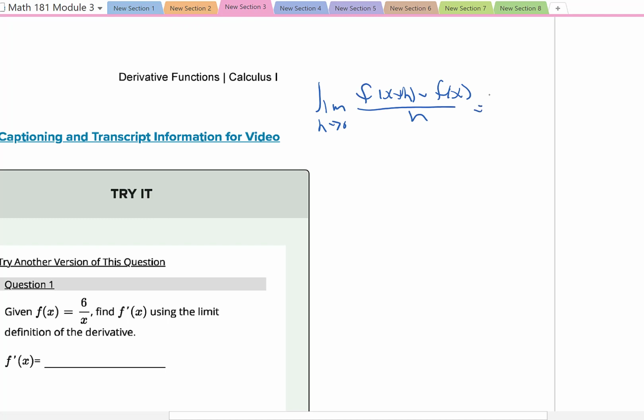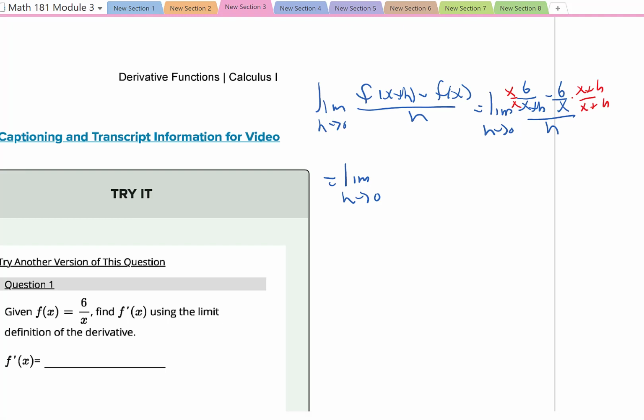So that's going to be the limit as h goes to 0 of 6 over x plus h minus 6 over x all over h. The deal is we had to get these two to have the same denominator. So I'm going to multiply the one on the right by x plus h over x plus h, and the one on the left by x over x.